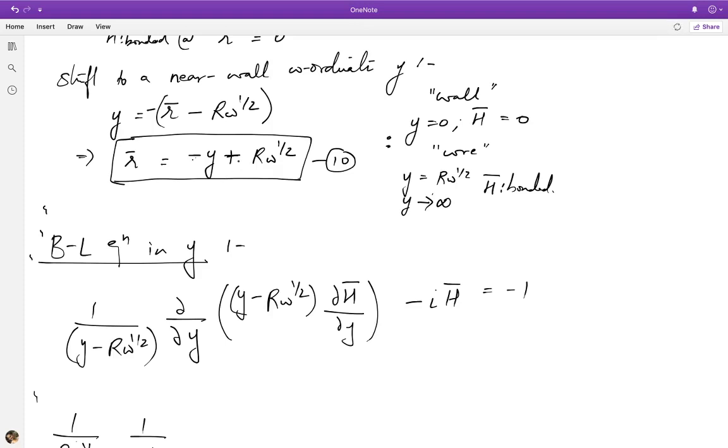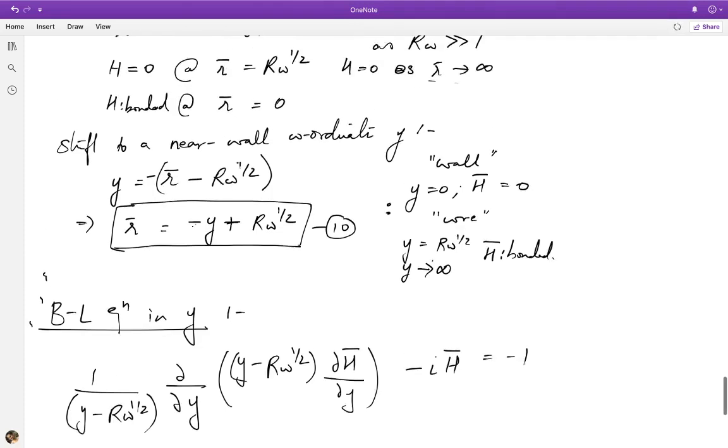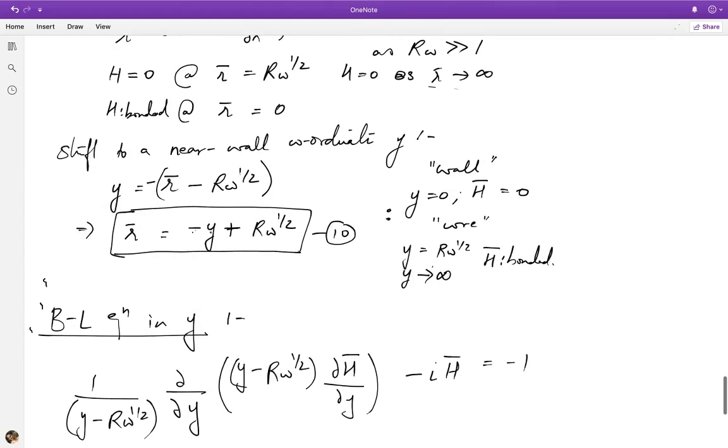Yes, this makes sense, because now if y is equal to 0, r bar is Rw to the half, and as y goes to positive infinity, I get r bar starts tending to 0.